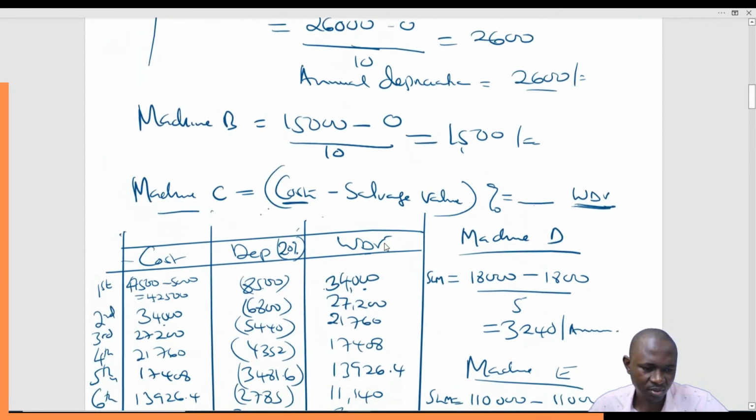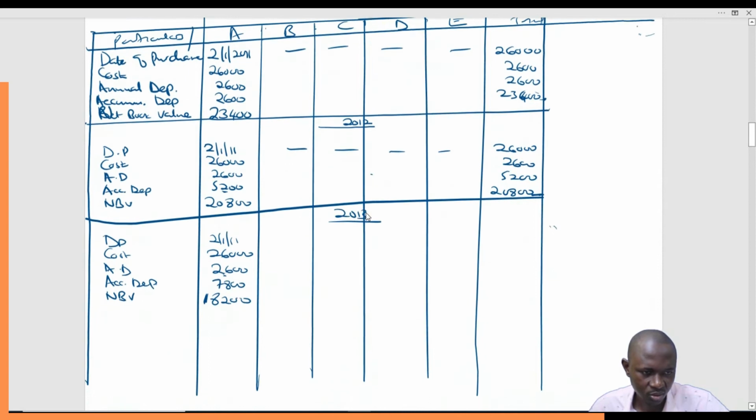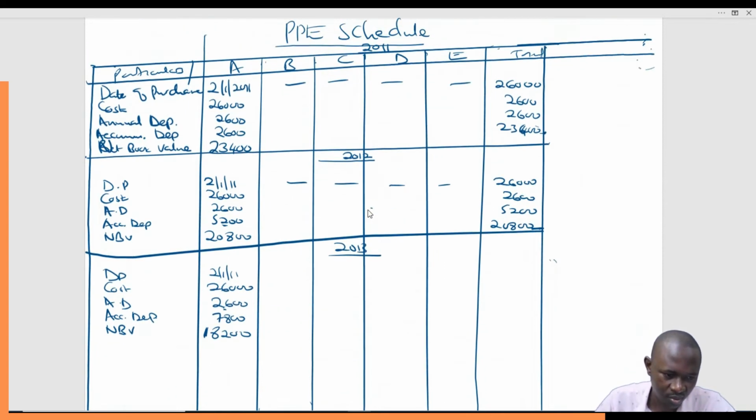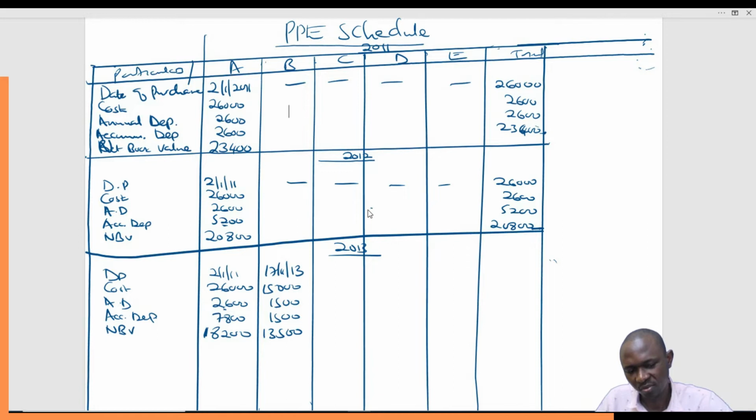So let's capture it. This is machine B, bought at 15,000. Accumulated depreciation, since it's still new and has only survived for one year, is 1,500. So 15,000 minus that gives 13,500, the balance.